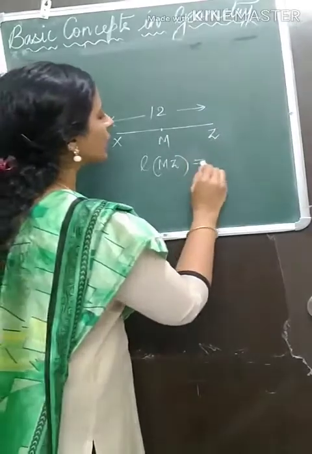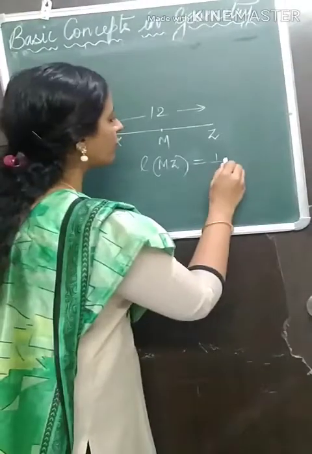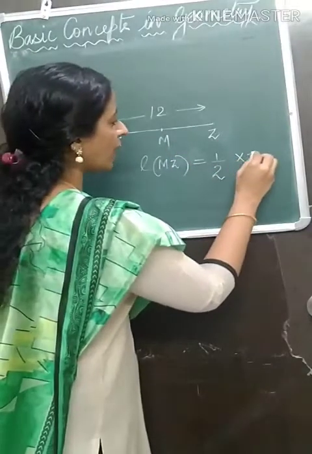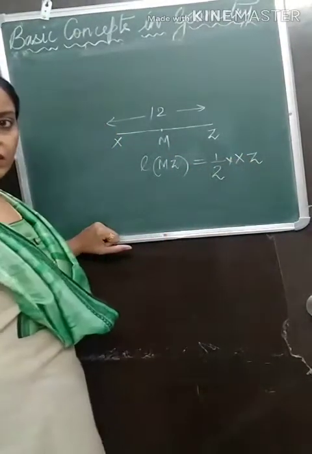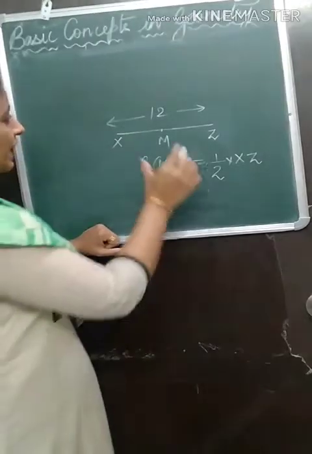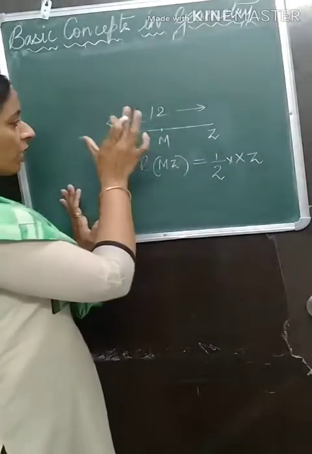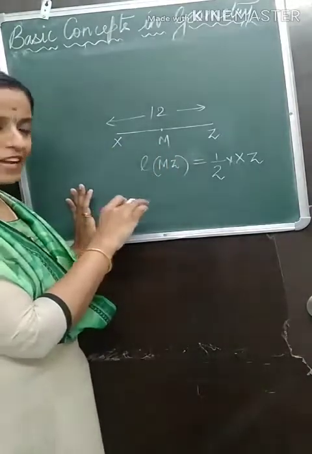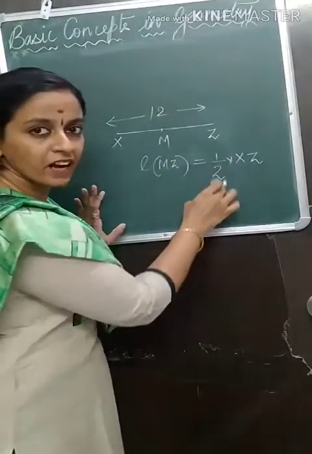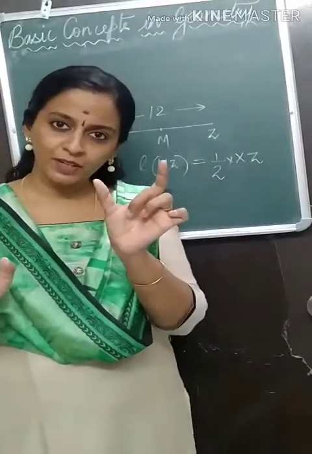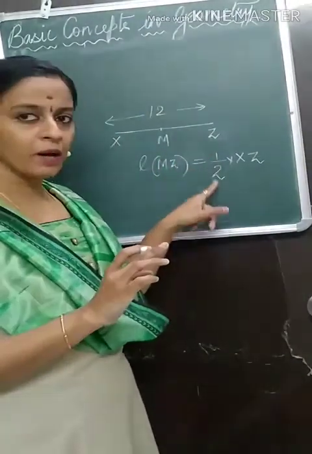MZ is equal to half of XZ, no? If the full segment is given and you are asked to find the half of that, you will multiply by half.